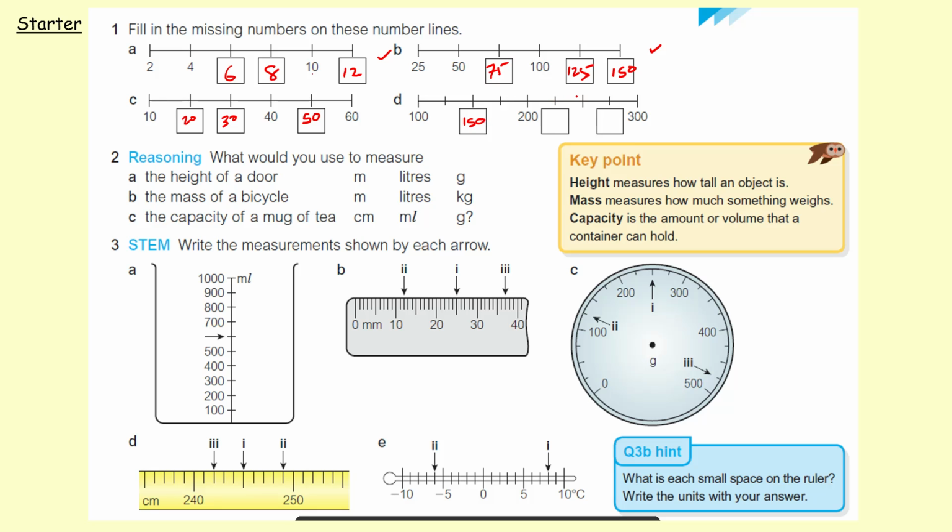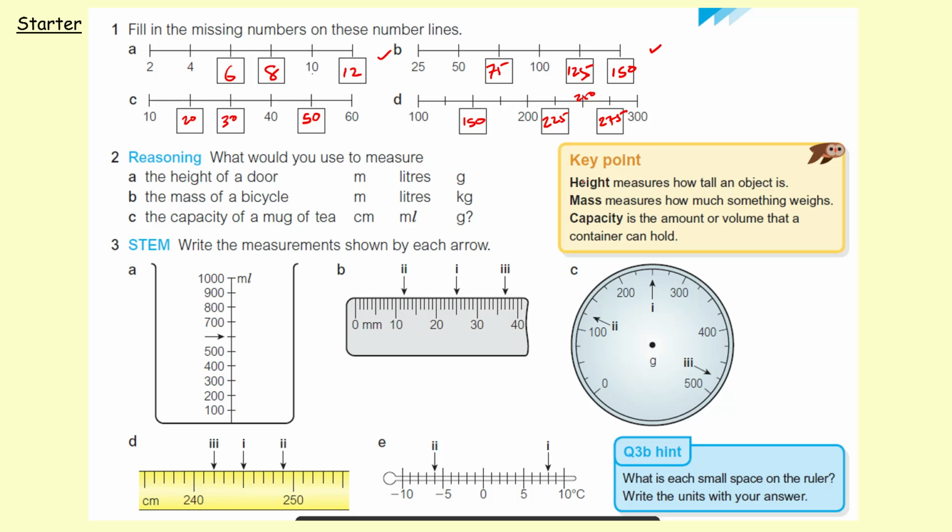Okay, now halfway between 200 and 300 is 250, and half of 50 is 25, so it's going to be 225. And if we add 25 to 250, or halfway between 250 and 300, 275.